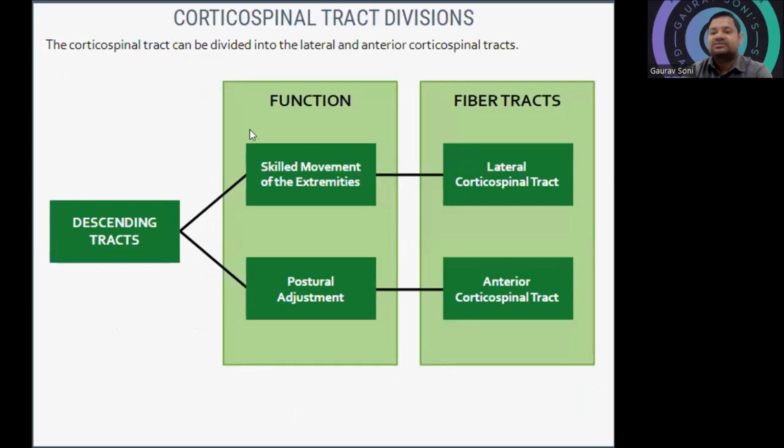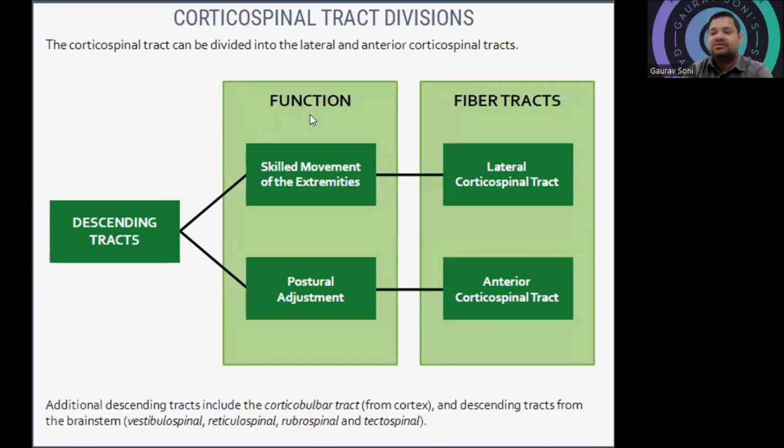Next, we can further divide the descending tracts on the basis of function. For skilled movements, the fiber tract will be the lateral corticospinal tract. Skilled movements like writing and music will be from the lateral corticospinal tract, and postural adjustment will be via the anterior corticospinal tract.